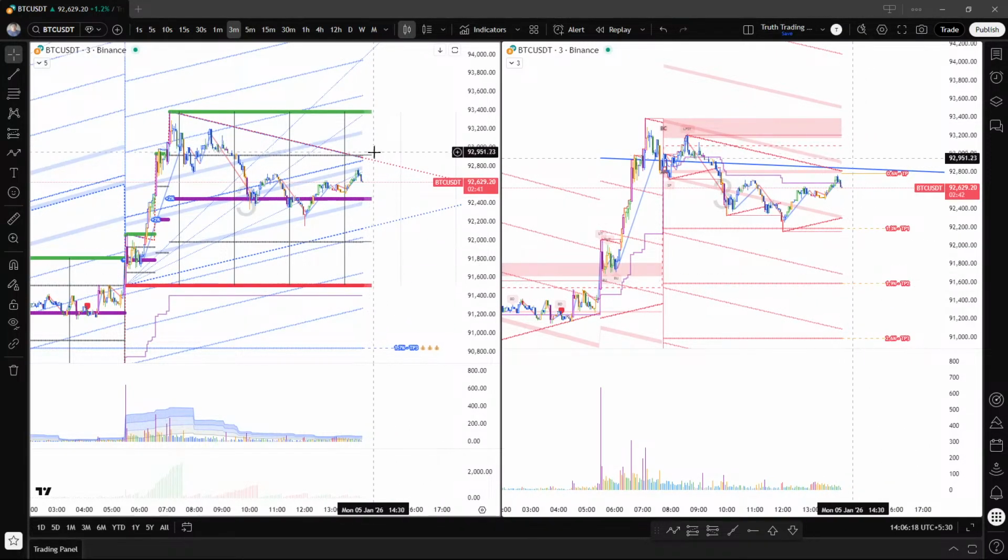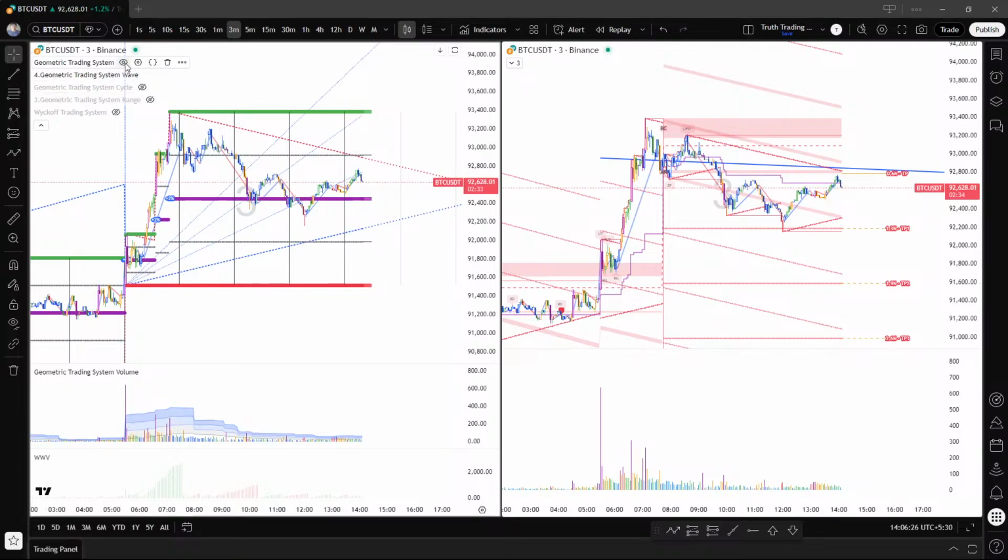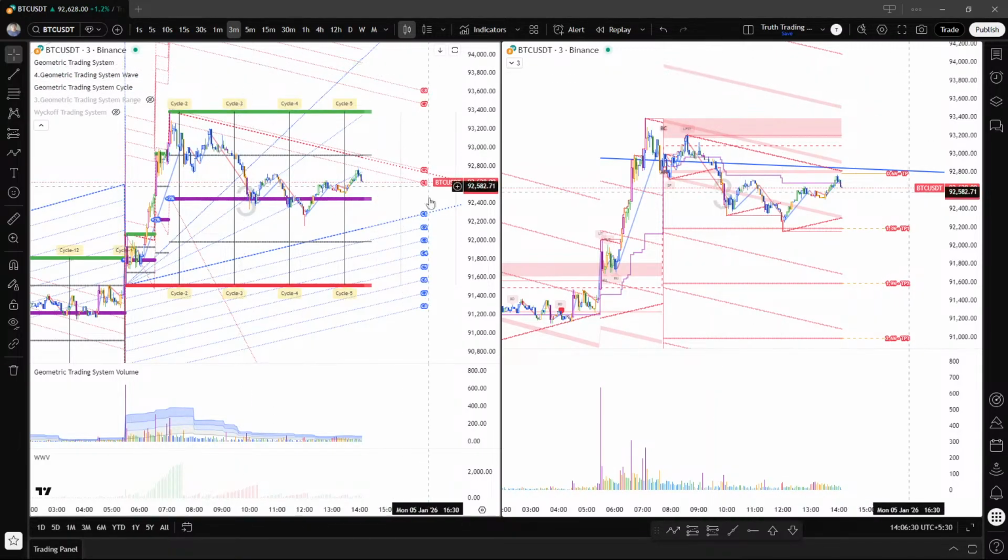My point being is that we are watching for this event to come to life. And for instance, if I want to show you what I mean, let me enable the cycle one, so you can see this here. The market comes around here, it's gonna pop right back up.